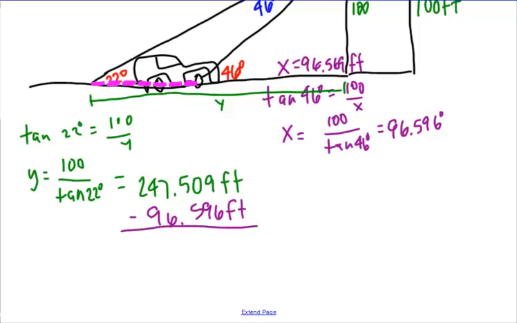And when I find that difference, it's going to be 150.9394 feet. And that's how far the car traveled while our guy was watching.